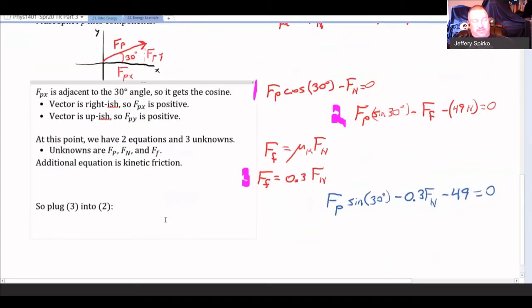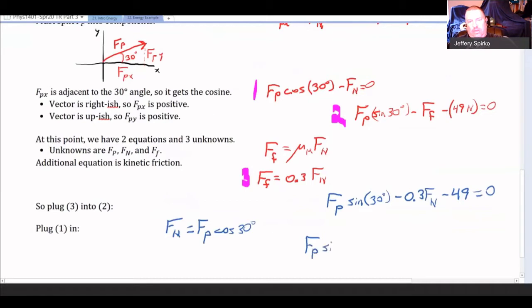Now we have two equations and two unknowns. So we can plug one in. One tells me that FN equals FP cosine 30 degrees. So let's plug that in.